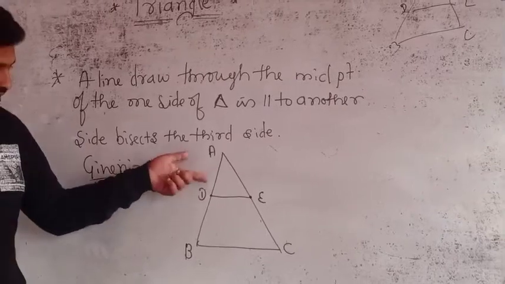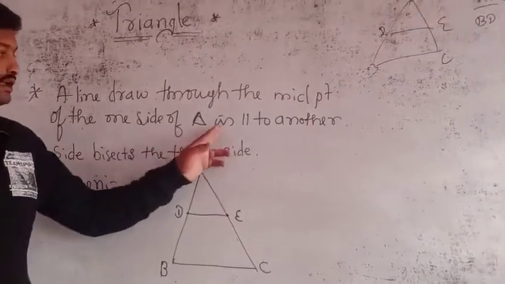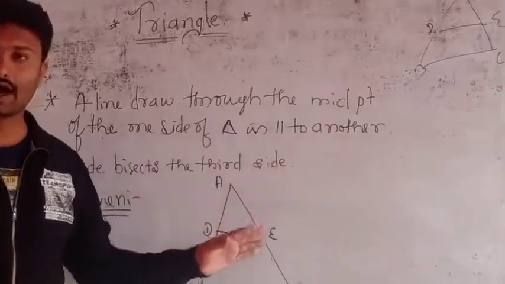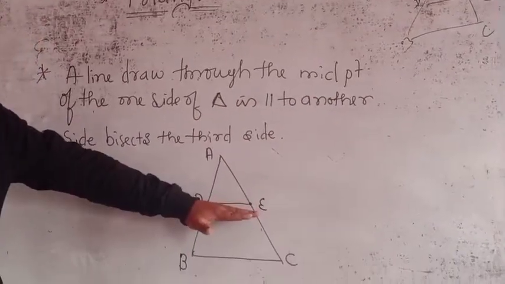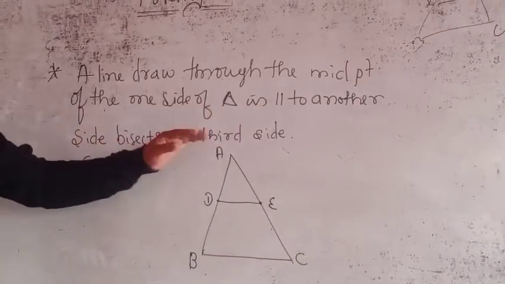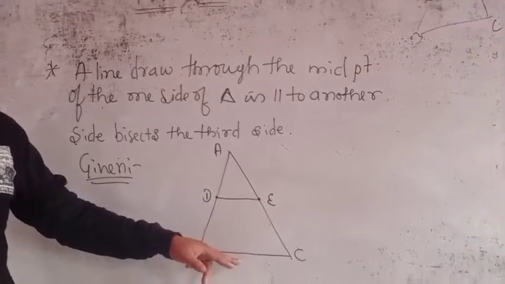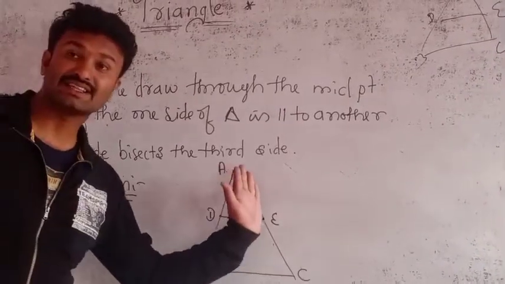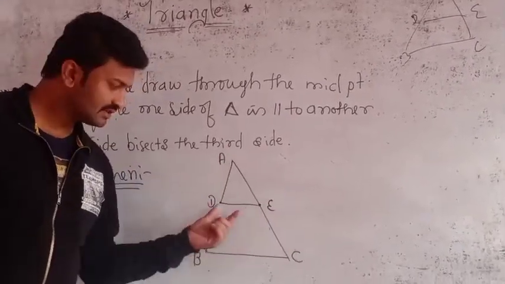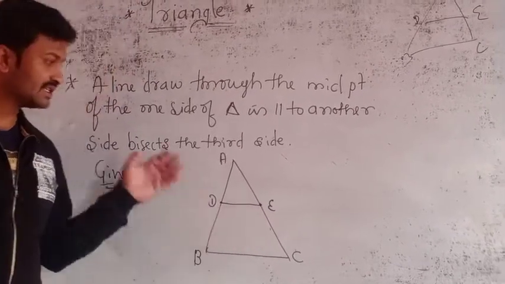This D bisects AB into two equal parts and is parallel to the other side, and also bisects the third side, means intersects at E.